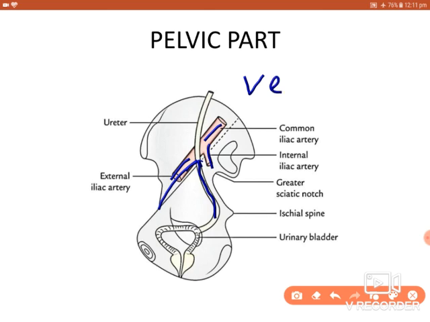From the ischial spine to the bladder wall forms the oblique part. Then inside the bladder wall is the intravesical part. These are the three divisions of the pelvic part.